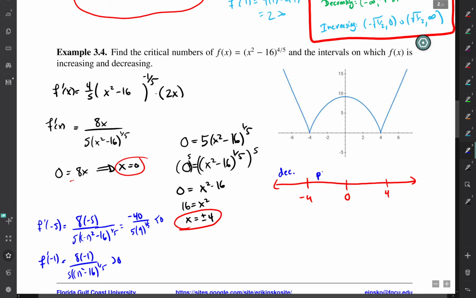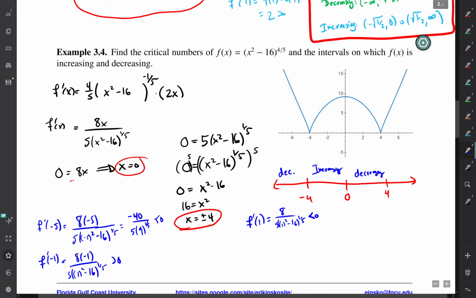The derivative is positive, which tells me the function is increasing on that interval. Then I'm going to plug in f prime of 1, and I'll get 8 over a negative number, 5 times (1 squared minus 16) to the 1/5. That'll be less than 0, so the derivative is negative and the function is decreasing here.